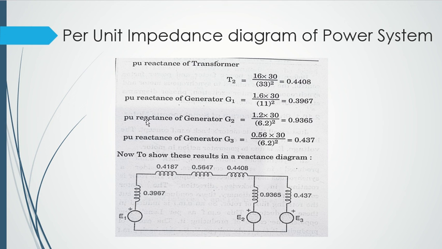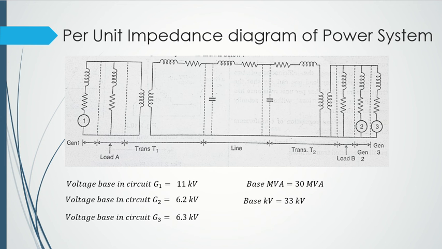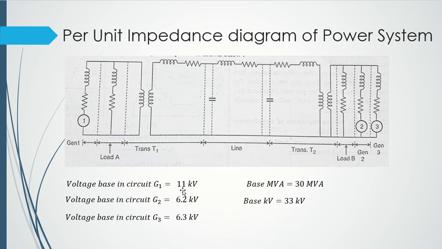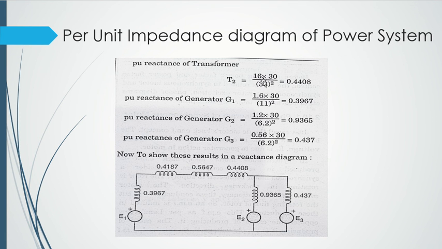And remember I told you, until and unless you are considering the circuit which you have divided into a number of sections, you have to take the base kV of that section. So for generator G1, what base kV did we take? We took 11 kV, right? So we will be dividing by 11 square, and we get 0.3967 as the per unit reactance of generator G1.